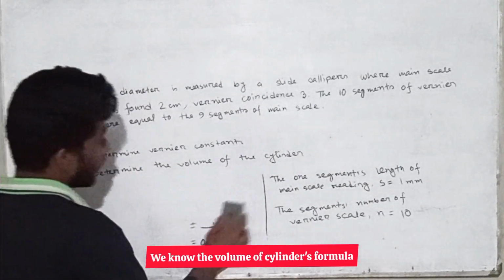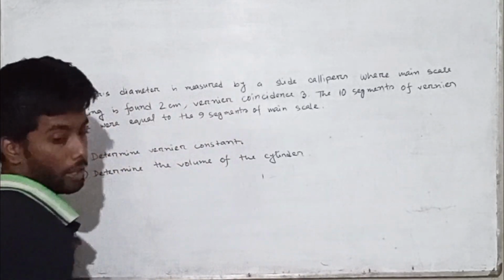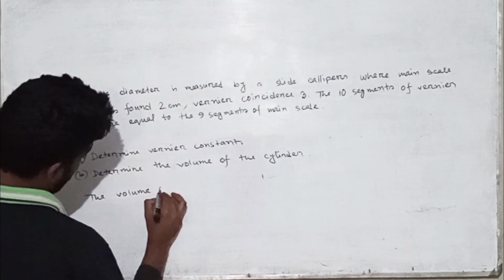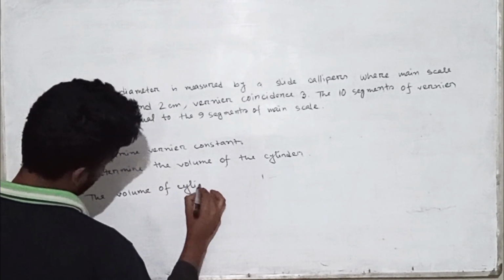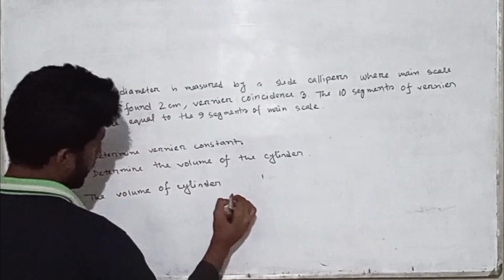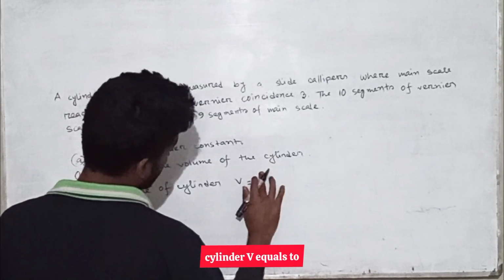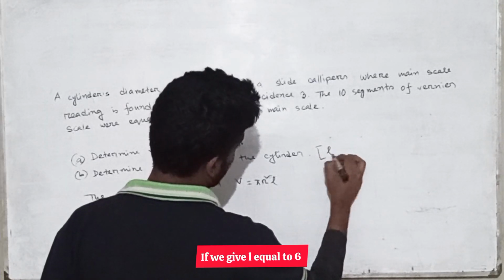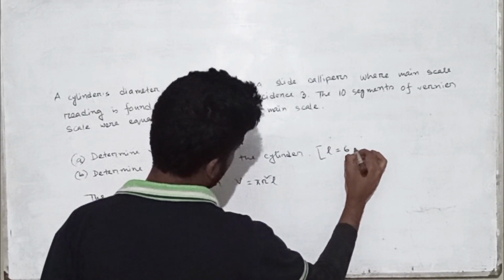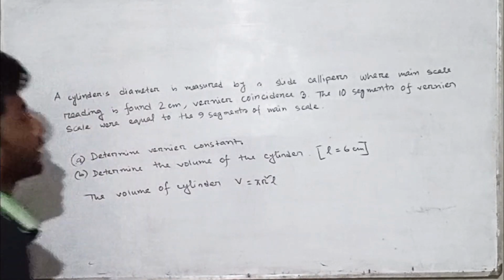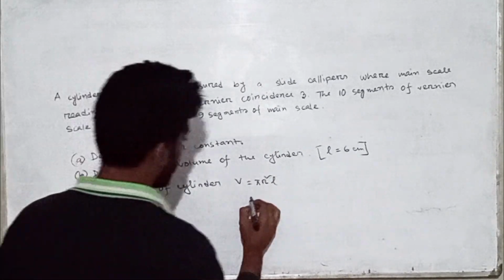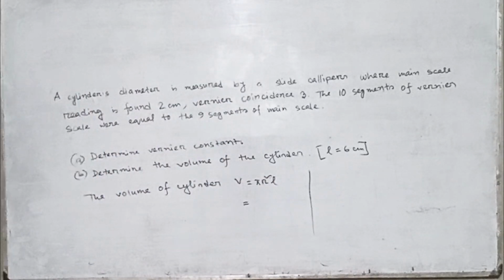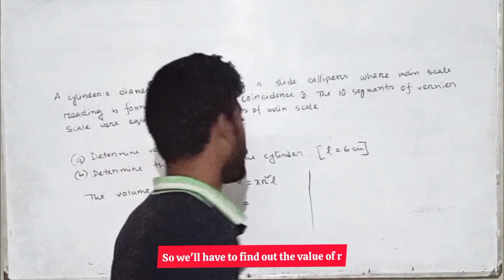We know the volume of cylinder's formula is V equals pi r squared L. If we give L equal to 6 centimeter, then we'll get the right track. Now, we don't have the value of r, so we'll have to find out the value of r.